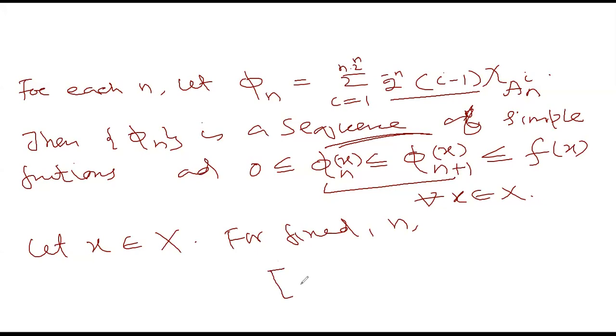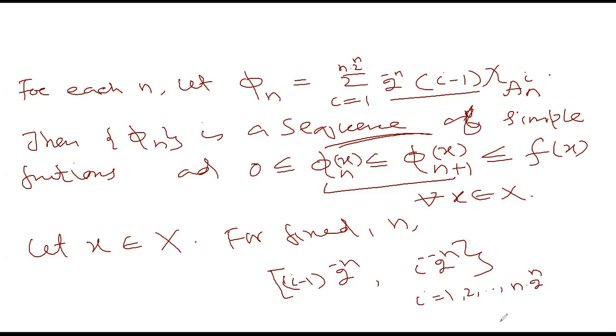We have this interval: (i minus 1) times 2 power minus n is less or equal to x and less than i times 2 power minus n, where i is varying from 1 up to n into 2 power n. If i varies, we get the following intervals.